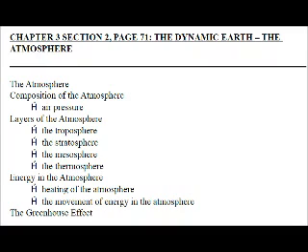Layers of the atmosphere. The atmosphere is divided into 4 layers based on temperature changes that occur at different distances above the Earth's surface. Figure 12 shows the 4 layers of Earth's atmosphere. The troposphere.